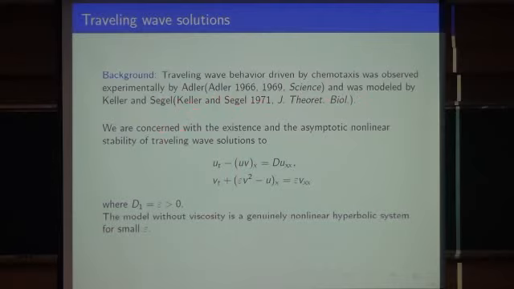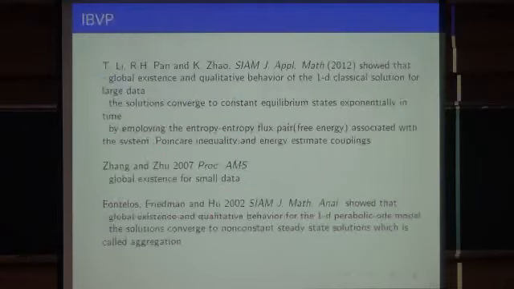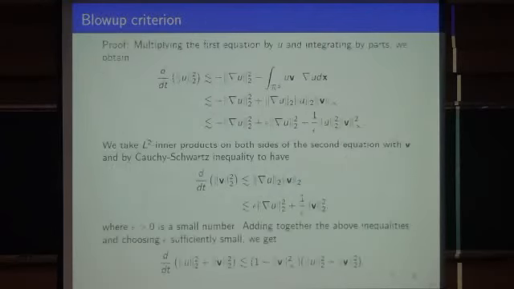In this paper, we are going to study the existence and stability of the traveling wave to the Keller-Segel model, but in the transformed system. This system was transformed from the Keller-Segel model, the very first one.